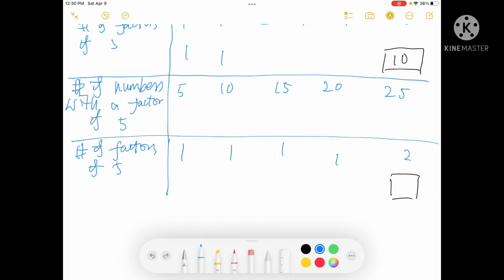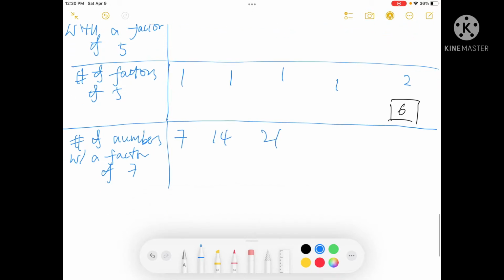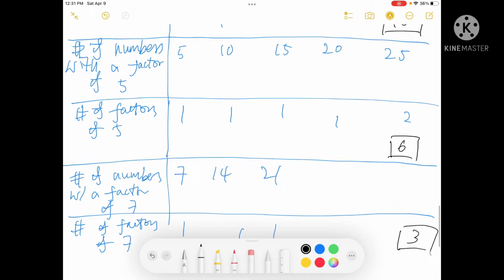Lastly, let's do this procedure one more time and find the total number of factors of 7. We have 7, 14, and 21, and each of them has 1 factor, so the total number is 3.